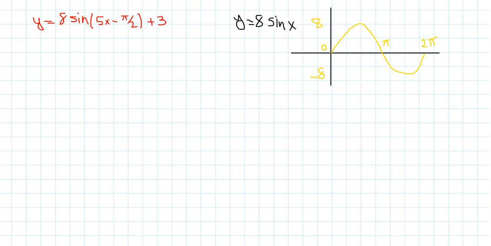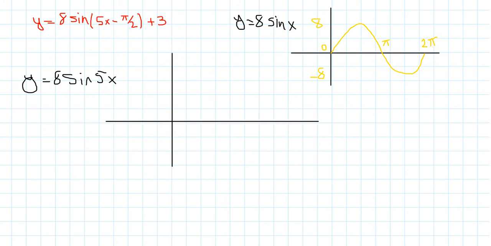The second part is y equal 8 sine 5x. Because I have 5 here, my period is 2 pi over 5.